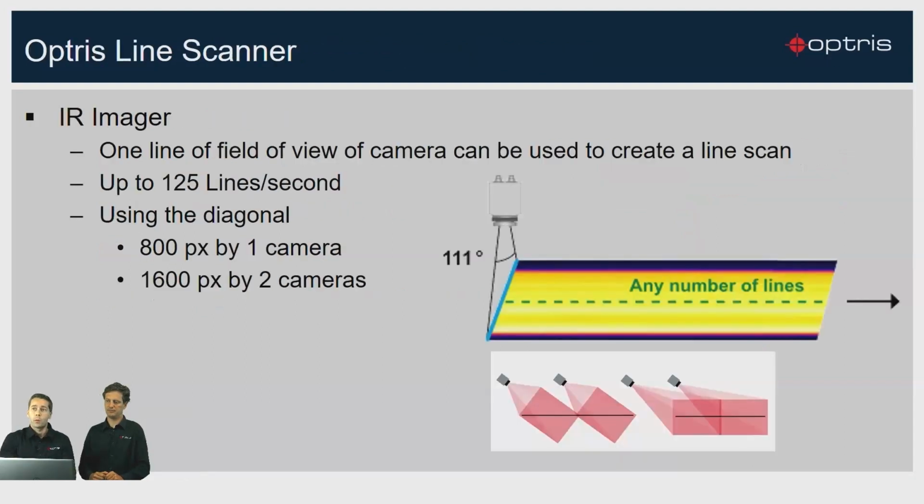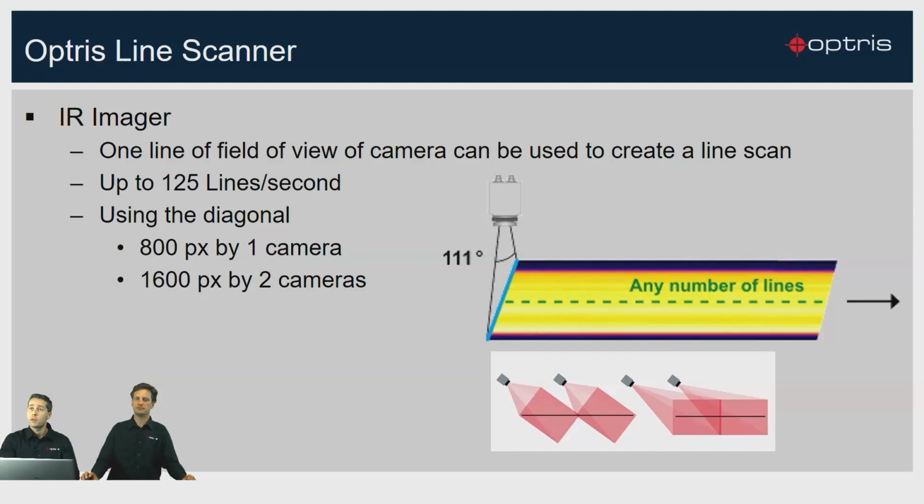What is Optris doing? Well, we're not using a pyrometer. We don't have a rotating mirror. We are using our Optris infrared cameras, and this is the line scan function of the camera. You have the whole field of view from the infrared camera. You can choose any line inside this matrix and then define your line scanning area.